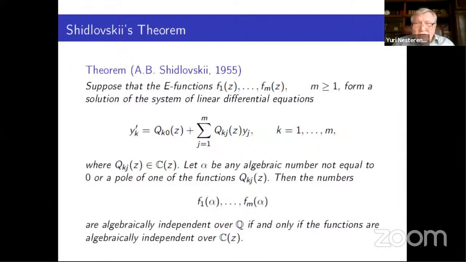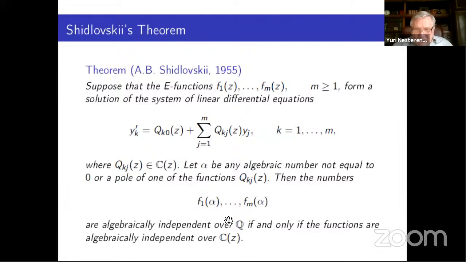This is a general theorem. Suppose that E functions f1, ..., fm form a solution of a system of linear differential equations with rational function coefficients, and alpha is any algebraic number not equal to 0 or a pole of one of the functions Q. So this is not a singular point of the system.